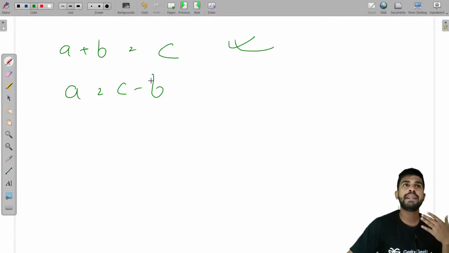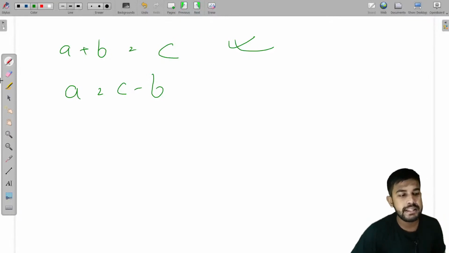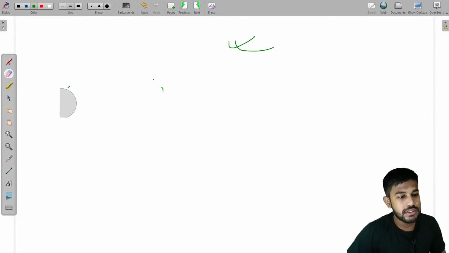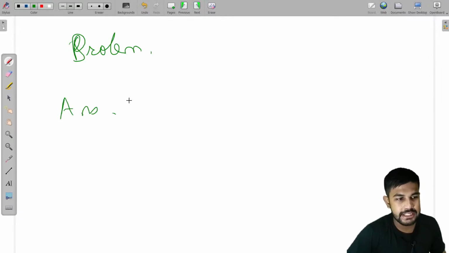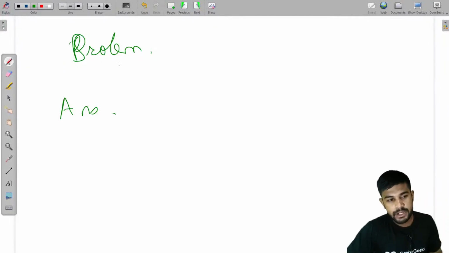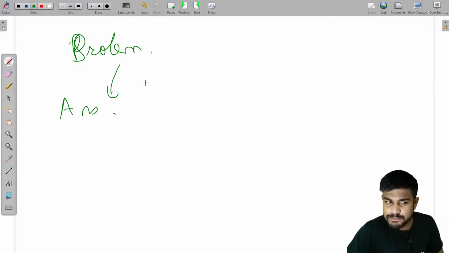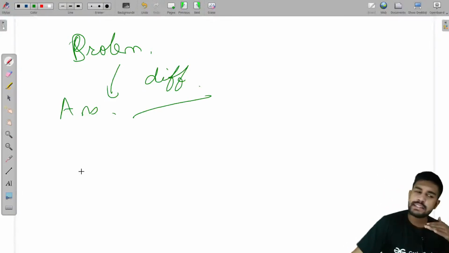Now many a time a common technique that we use is this: suppose we have a problem statement, and there would be an answer. Solving that problem statement and coming to this answer seems a little bit difficult. So what is the next thing that we can do?